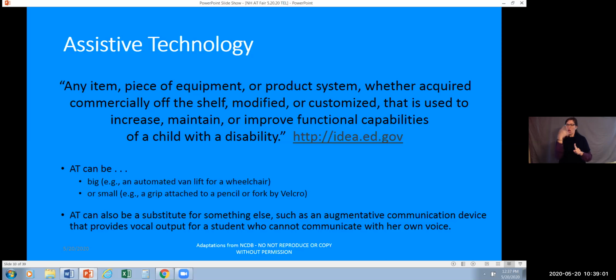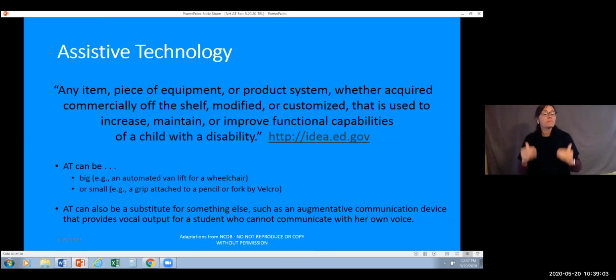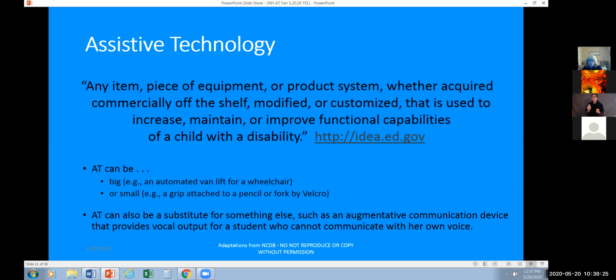And I know I may be preaching to the choir for some of you on here today, but I thought it was really important to go back and review that whole definition of assistive technology to really underscore how broad it is. Assistive technology is any item, piece of equipment, or product system, whether acquired commercially off the shelf, modified, or customized, that is used to increase, maintain, or improve functional capabilities of a child with a disability.